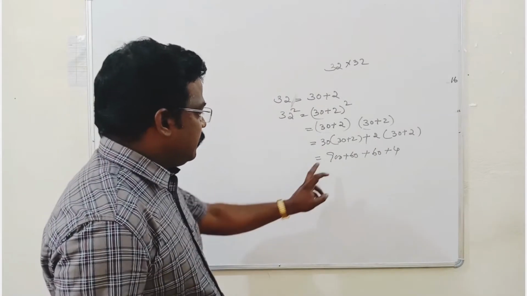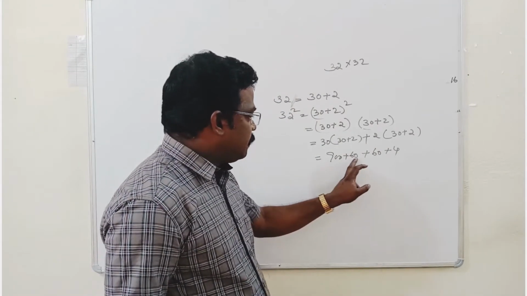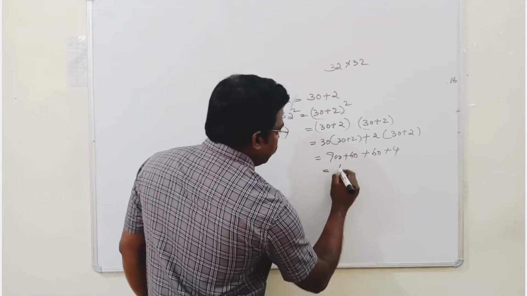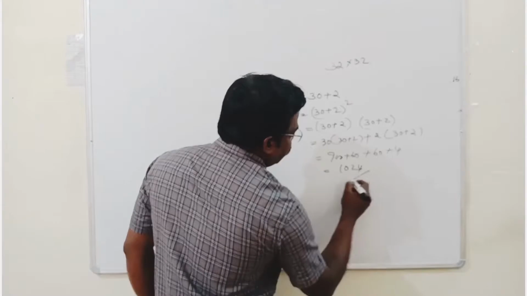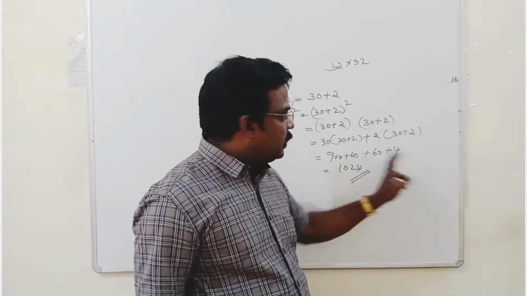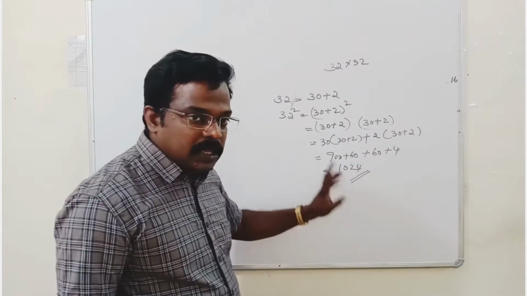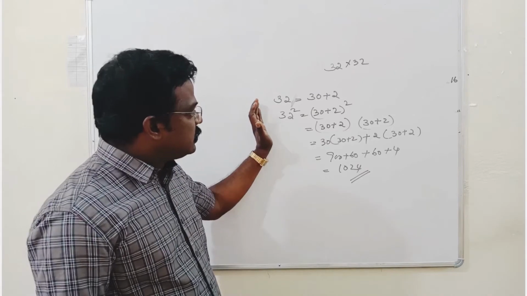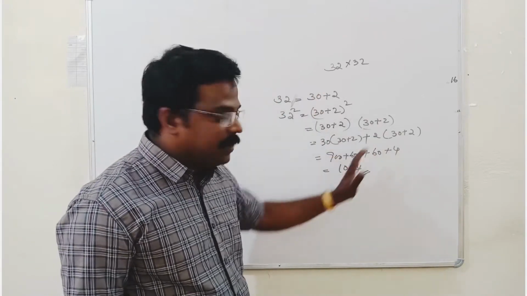So here what will come? 900 plus 60 plus 60, that is 120, gives 1024. This is the square of 32. Without multiplying directly, if we use this method, we will get the answer. This is the distributive property, in this way we can find it.